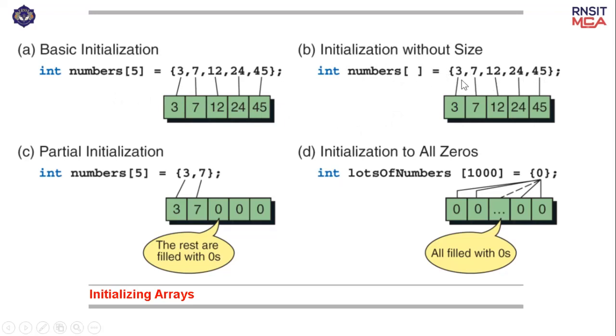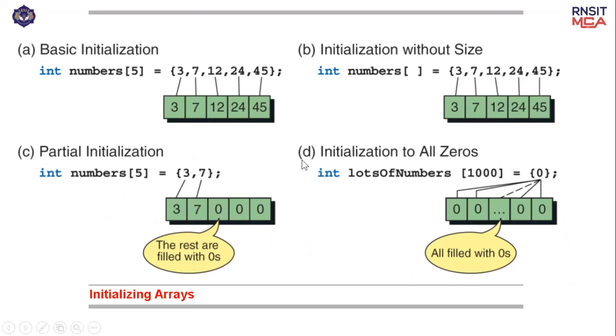Whatever the number of elements you have will be considered as the size of the array. And partial initialization: you specify the array size as 5, but specify only two numbers, 3 and 7. The rest automatically become zeros. So this is partial initialization.